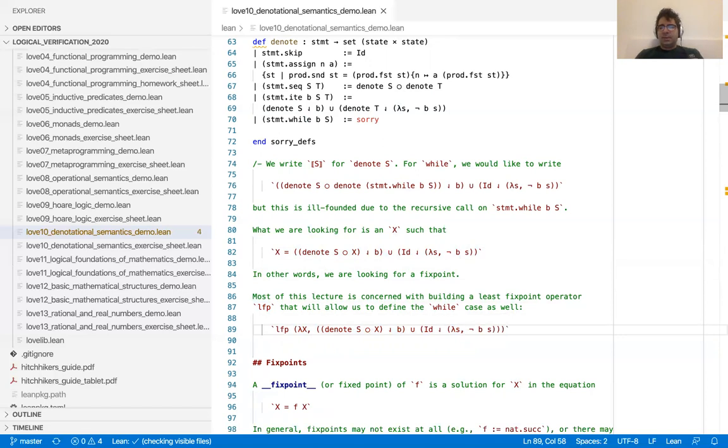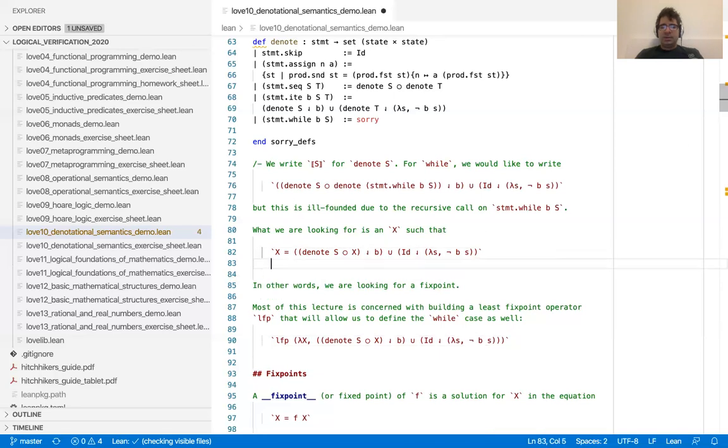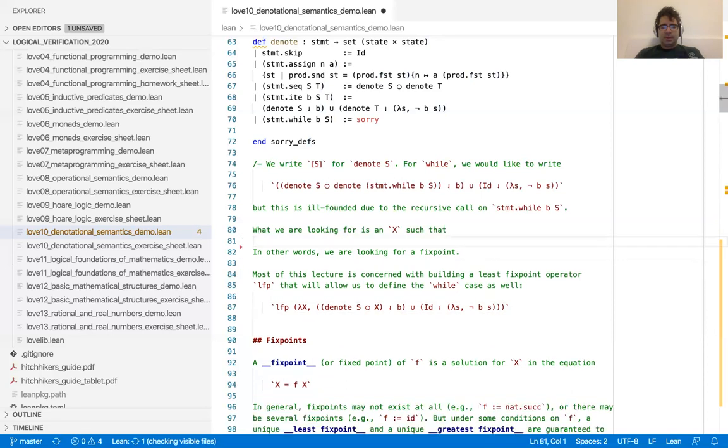You're basically given the right-hand side as a function of the lambdas. So if this here is seen as x equals f of x, what you're giving really is the f, which is also the same as lambda x, f of x. You're giving this term here. This is lambda x, and this is f of x.